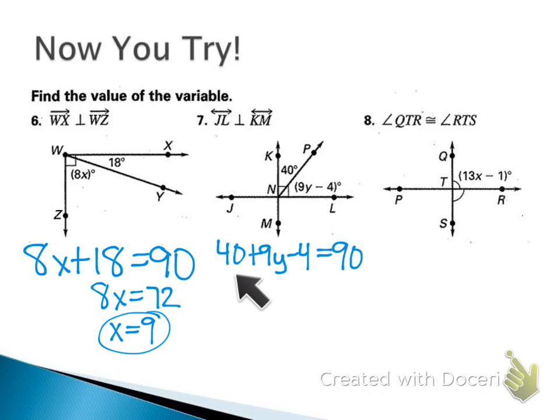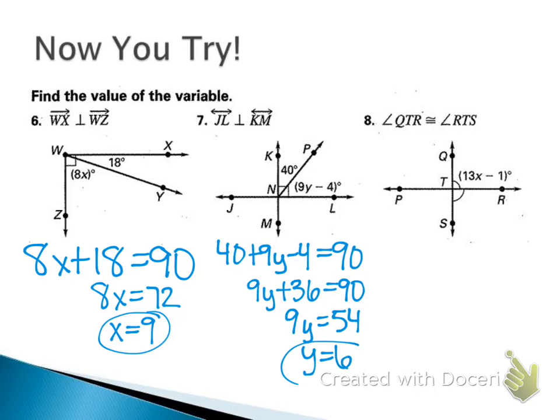When we combine 40 and a minus 4, what do we get? 36. Back to solving it like Algebra 1. Subtract 36. 9y equals 54. And then divide, and y equals 6.